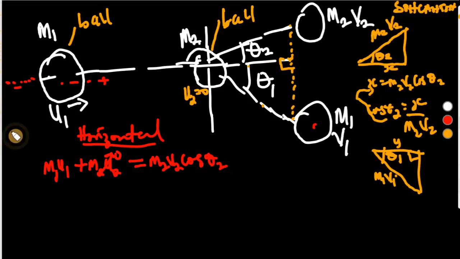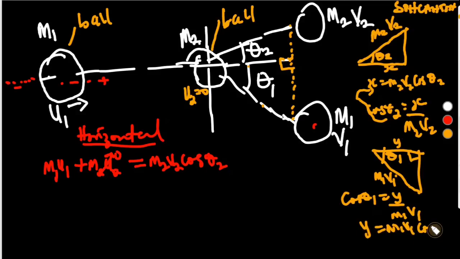Our interest is to find the horizontal component, so cos theta 1 is adjacent upon hypotenuse. So this becomes m1v1 cos theta 1, plus m1v1 cos theta 1. This is the conservation of momentum for the horizontal motion.